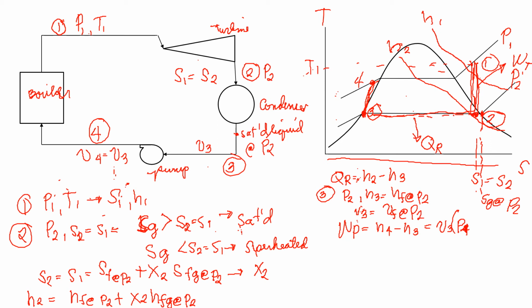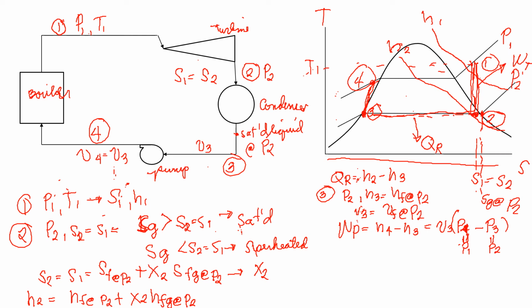This is your constant pressure line, this one here. So pressure 4 is just equal to your pressure 1, minus P3, which is also equal to your P2. Thus, you find the work of the pump.